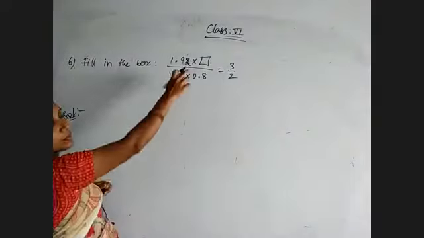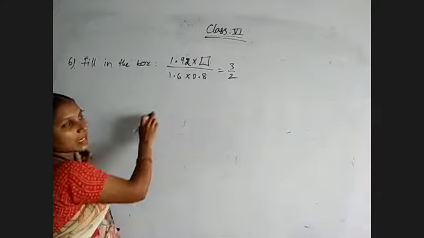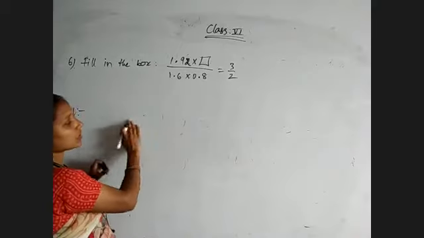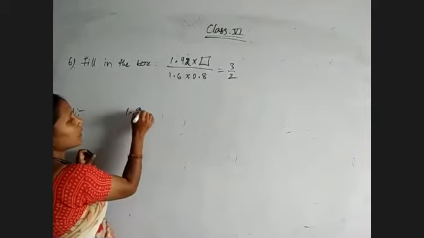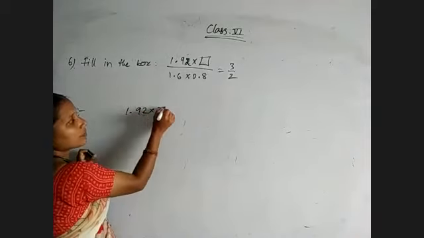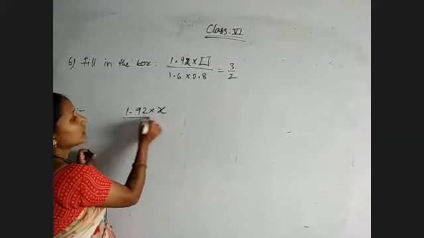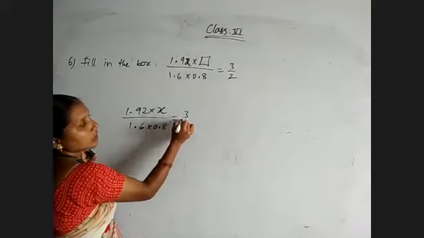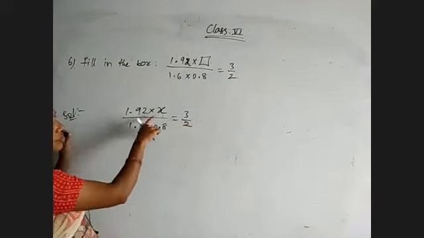We need to fill up the box. Here decimal numbers are given instead of direct values. So just write as it is: 1.92 into that box, which I am taking as x, divided by 1.6 into 0.8 is equal to 3 by 2. Now we need to find the x value.